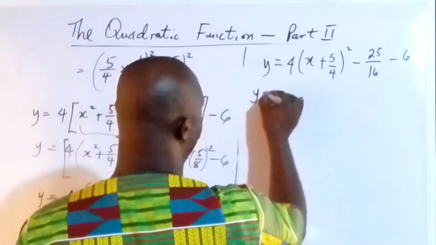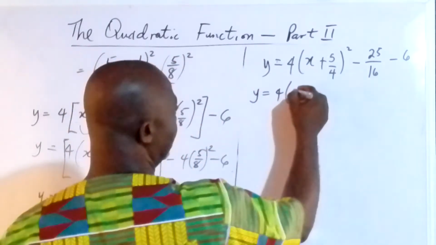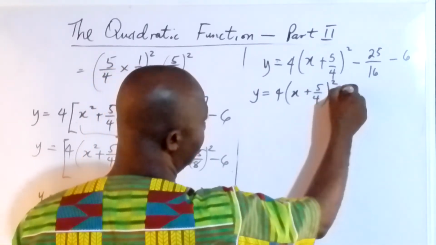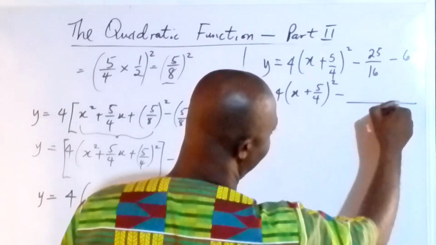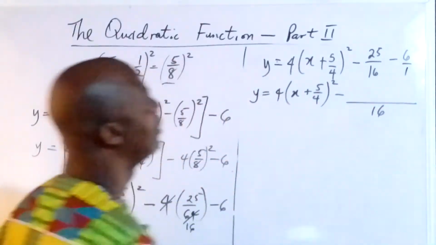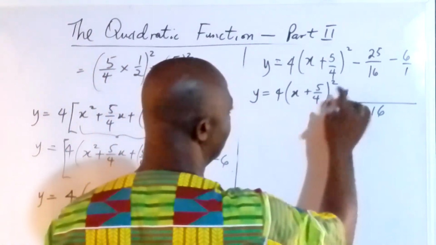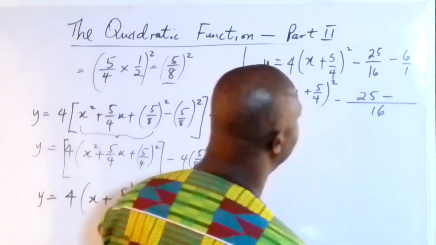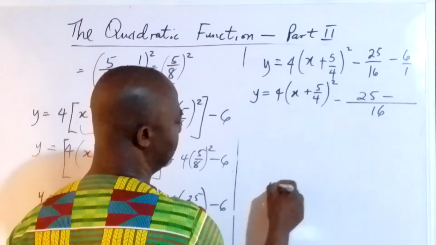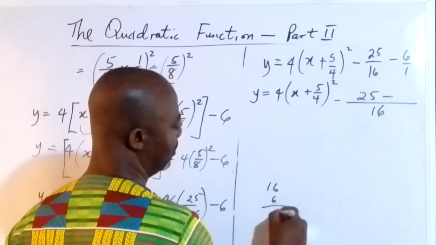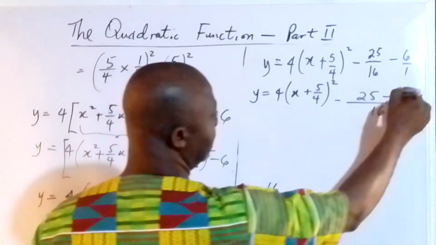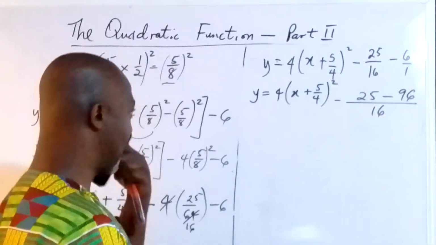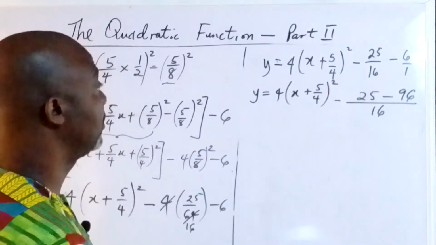So from here we have y equal to 4 open bracket x plus 5 over 4 squared minus, so I'm going to take the LCM of this. So here I'm going to have 25 minus, let's see what that gives us. 16 times 6, that's 96.